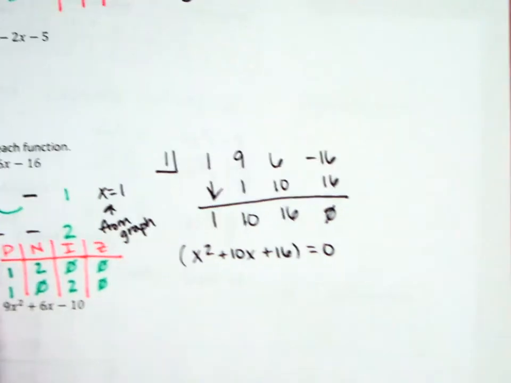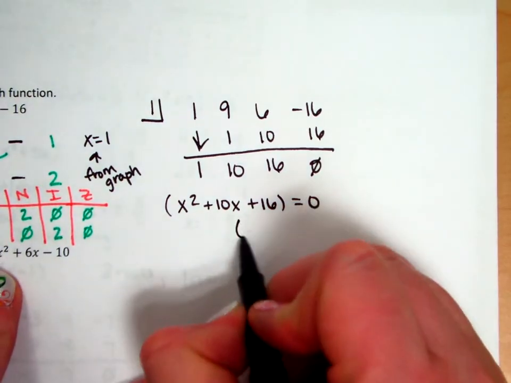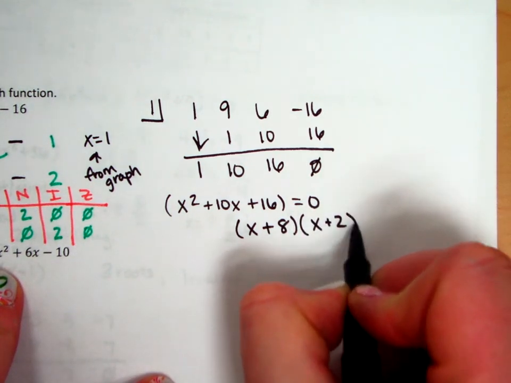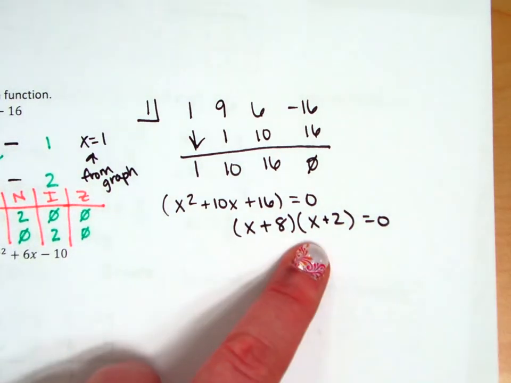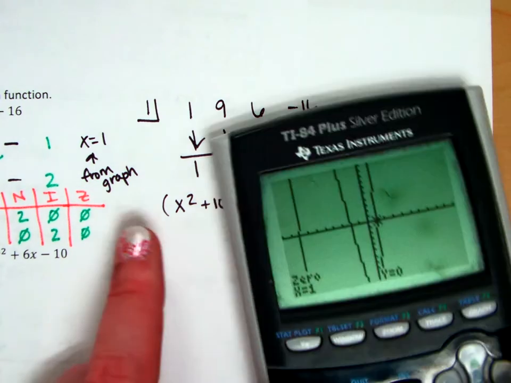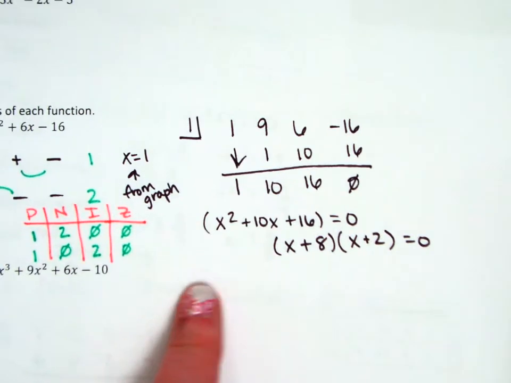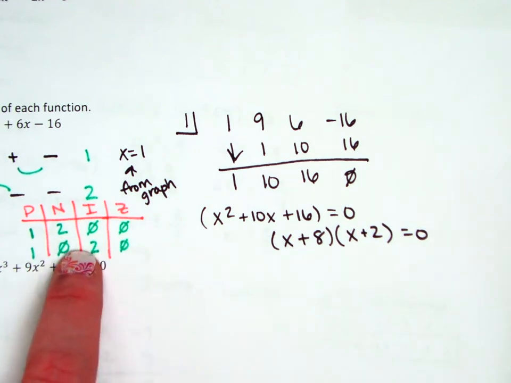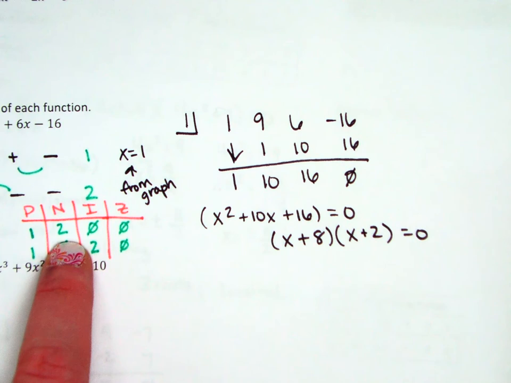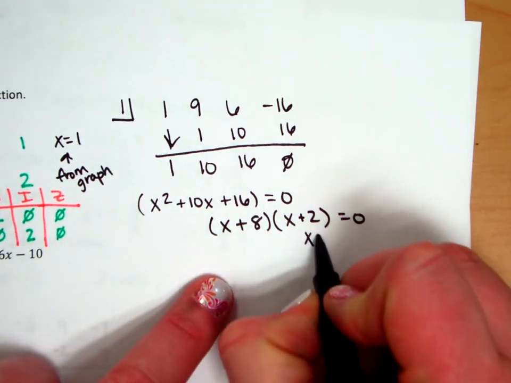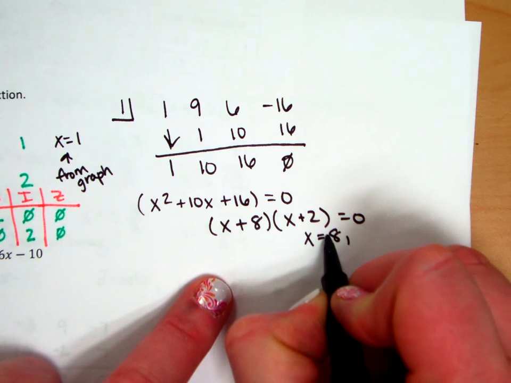The factoring of that gives me x plus 8, x plus 2 equals 0. Why do I know those two have to be negative? Because if I solve it, it's got to be negative because my graph told me so. Since I can factor it, it better be the scenario that's up above. And then x equals negative 8, apologize, and negative 2.